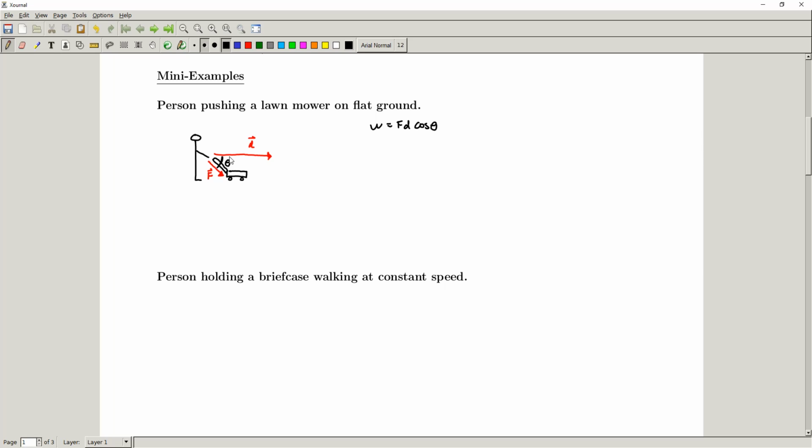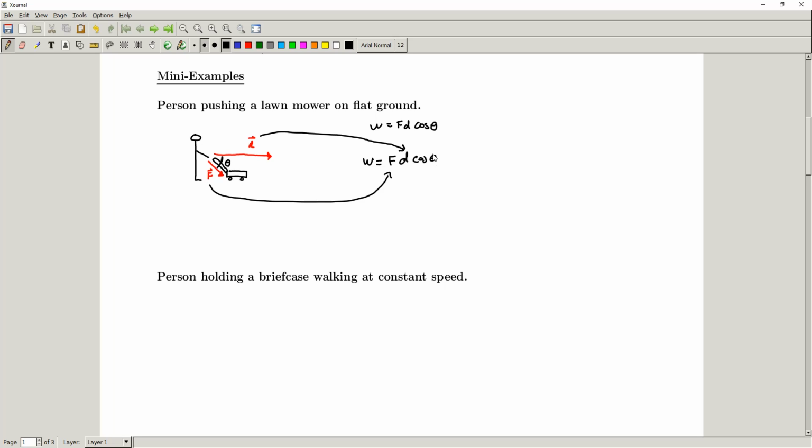So what's the work done on the lawnmower by the person pushing here? Well, very simply, we would just take work. It would just be the magnitude of F here, so it's just the magnitude of this, times the magnitude of this, and then times the cosine of the angle between them.